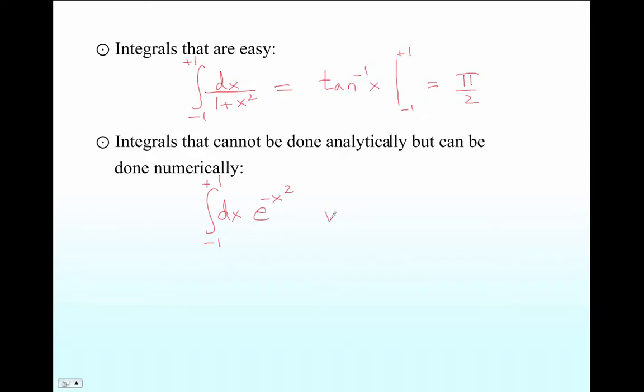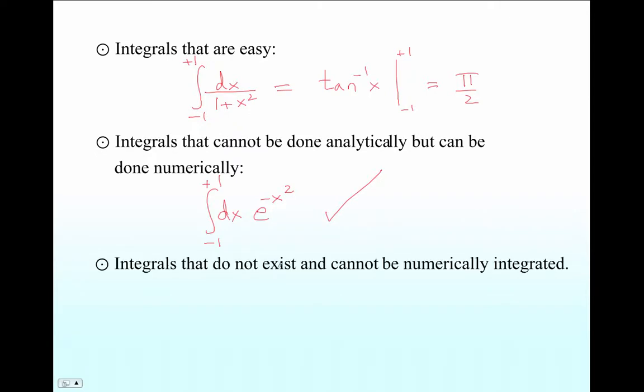And so yes, you have to do this integral numerically, and we'll shortly discuss that. Now there are integrals that do not exist and they cannot be done by any method. We've discussed these as well. So if you go from minus 1 to plus 1, let's say of dx over x, this integral does not exist. So don't bother doing this numerically.